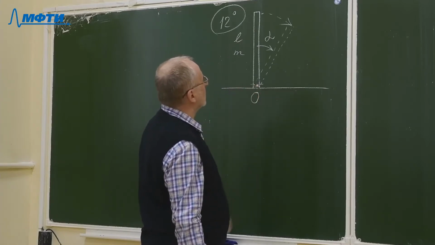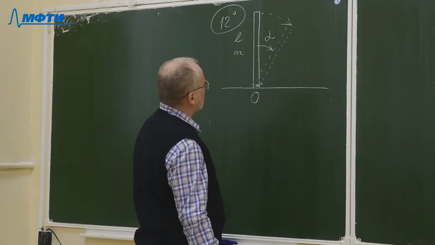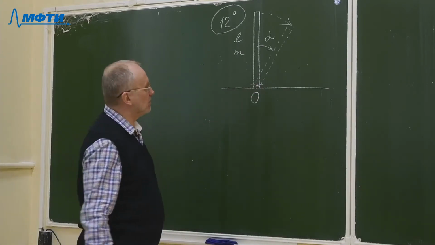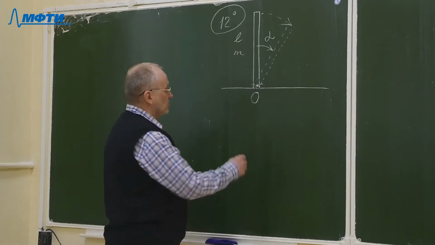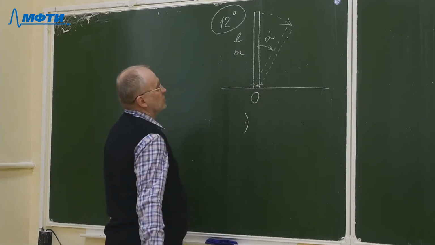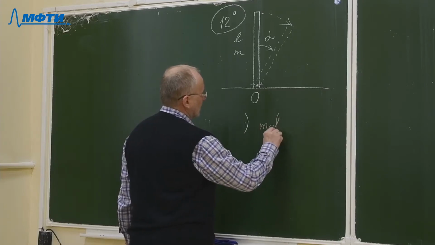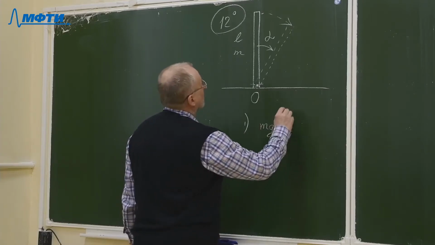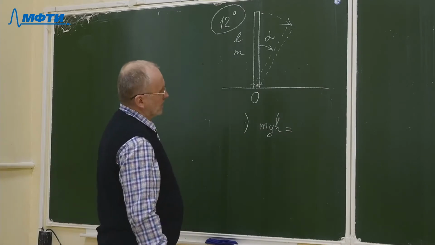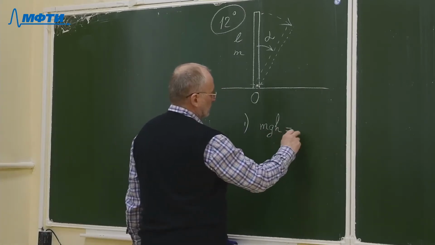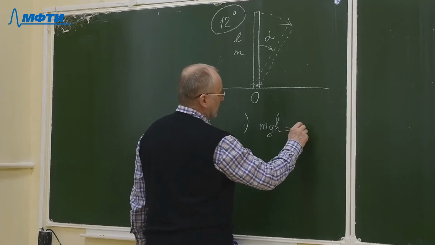In this particular case, there are 2 equations governing the motion of the chimney. First, conservation of energy, which says that the loss of potential energy will be equal to the gain in kinetic energy.